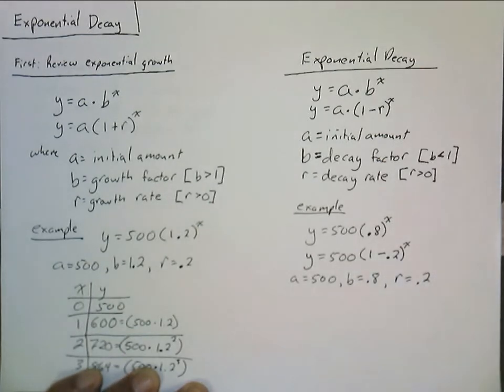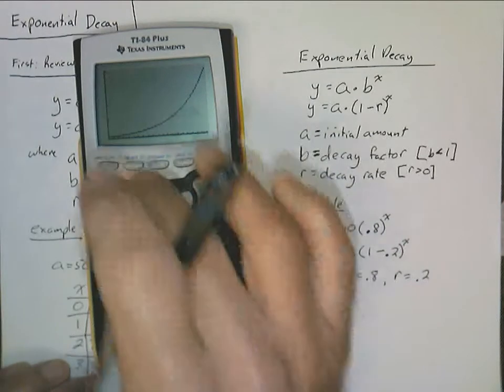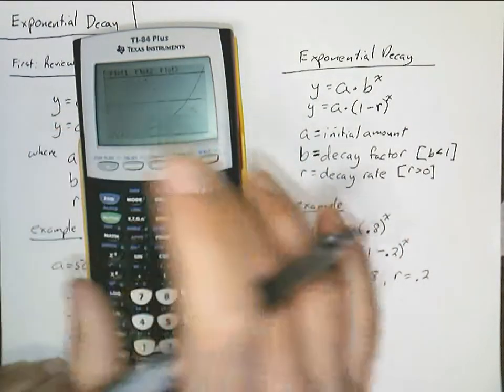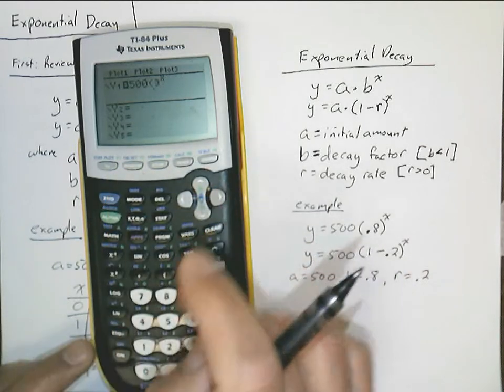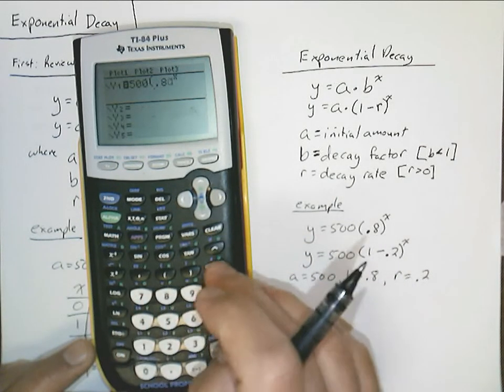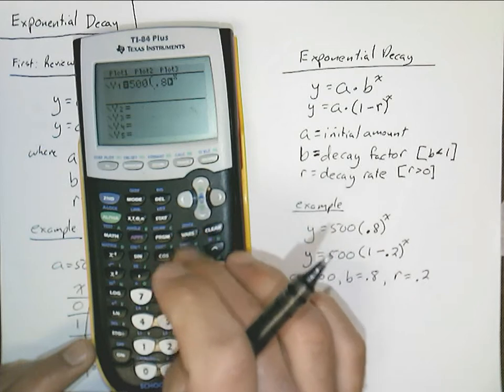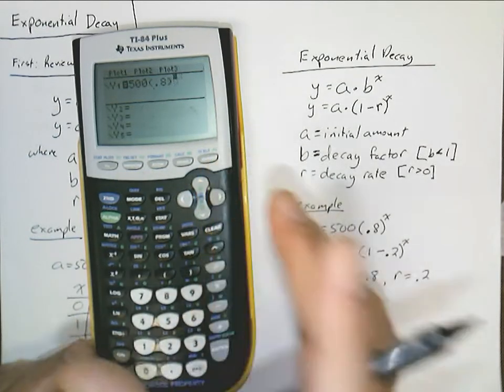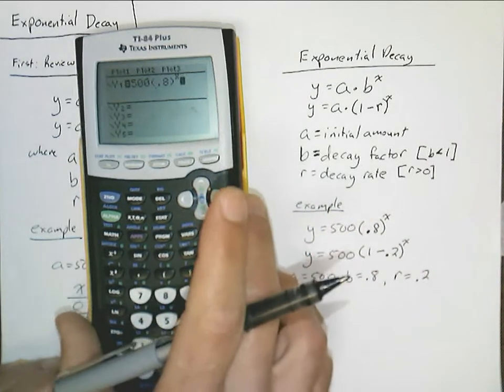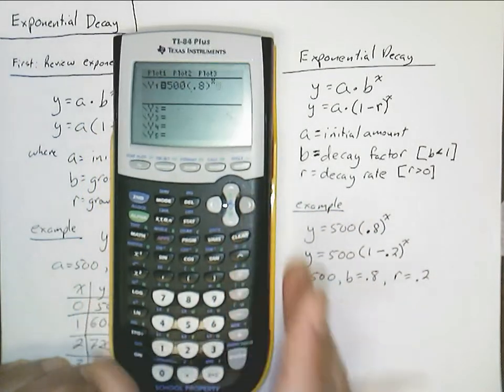And if we want to look at a little table of values there, let's just change this up. Let's delete that out. Okay, so 500 times 0.8 to the power of x.